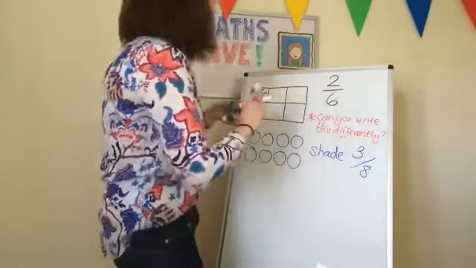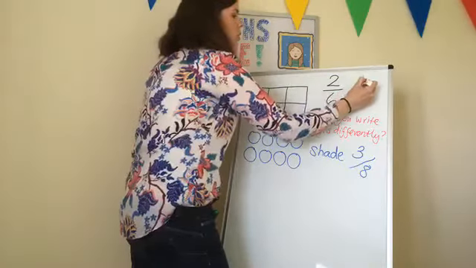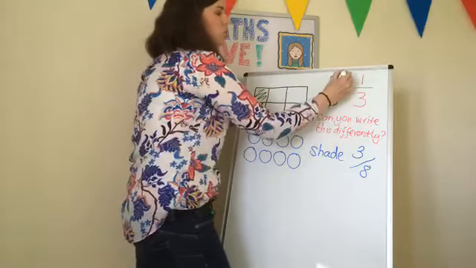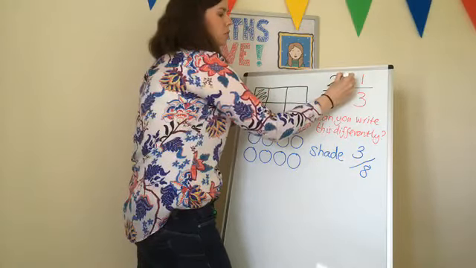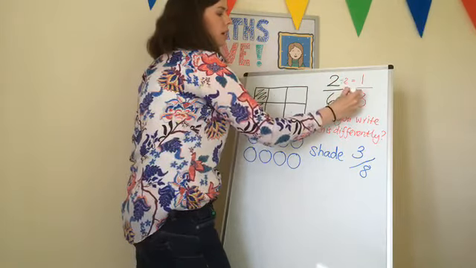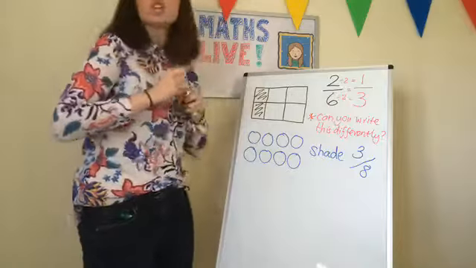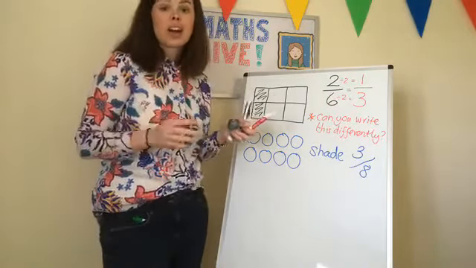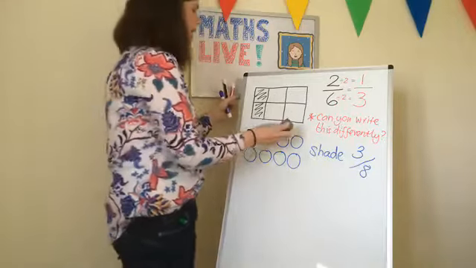So, you can also write it as 1/3. It's the same. If I split 2 in half, if I divide it by 2, it equals 1. And if I split 6 in half, it equals 3. Don't worry about that. If you've never seen that before, you'll do that higher up in school. I just wanted to do an extra challenge.